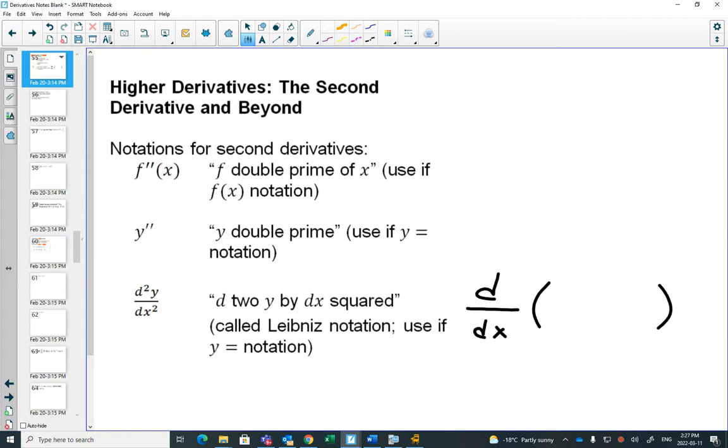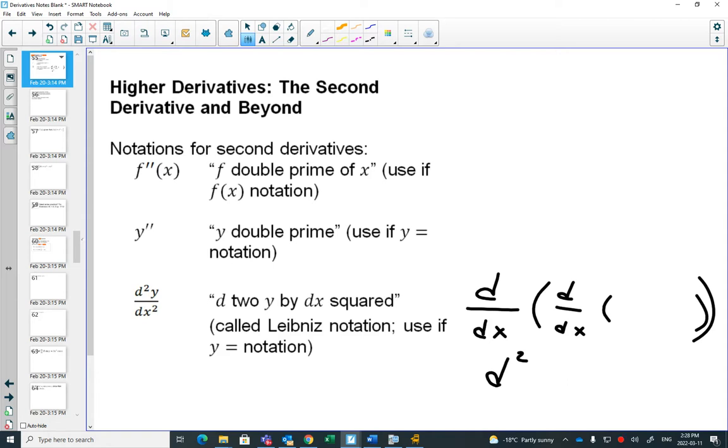I said to take the derivative of something, you can say d dx of, and put it in brackets. Now, if you had the d dx of the d dx of something, the result is on the top, the d's would get squared, and on the bottom, the dx would get squared.